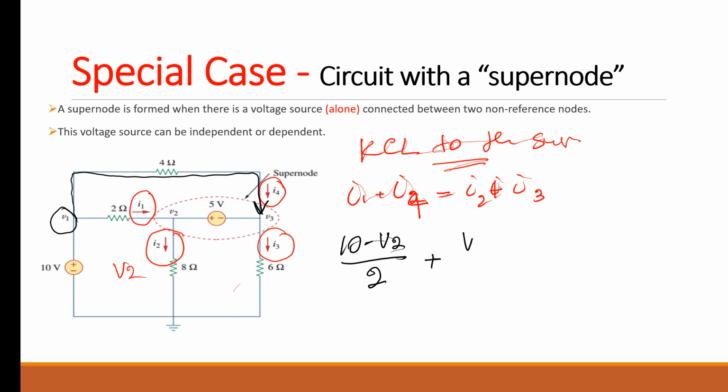So I4 is 10 minus V3 divided by the resistance along that path, which is 4, is equal to I2, which is V2 minus 0, so V2 over 8. And then we have I3, which is V3 minus 0 over 6.